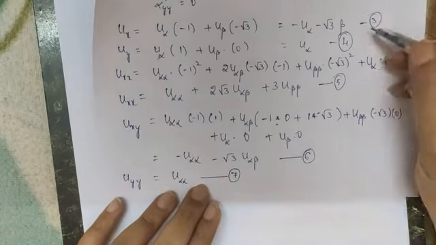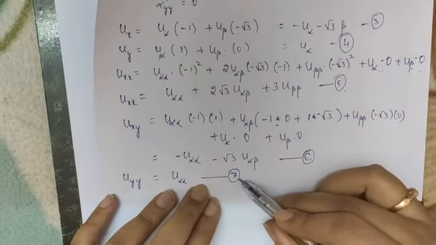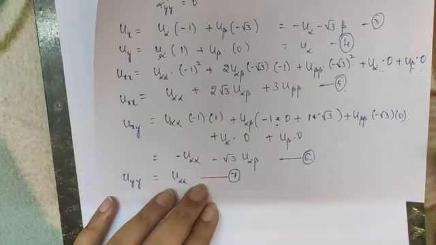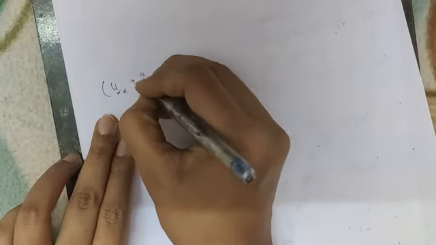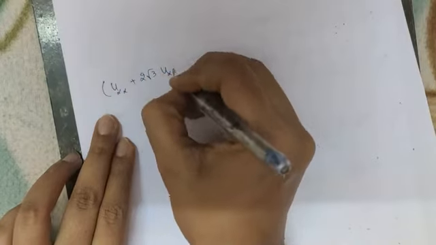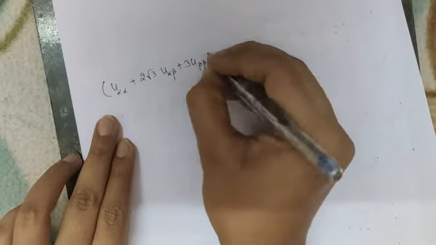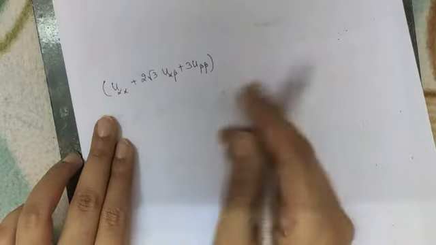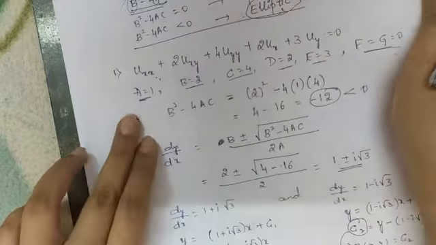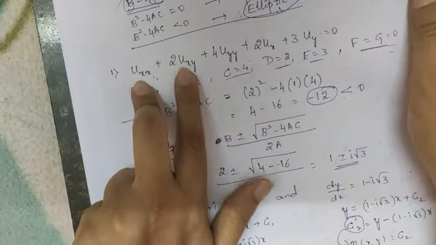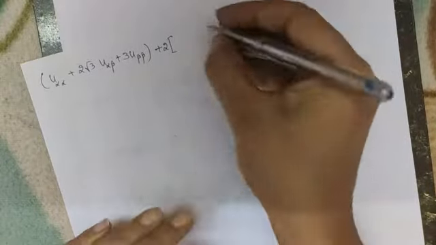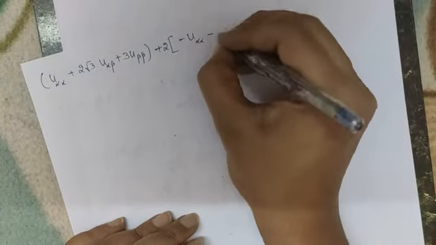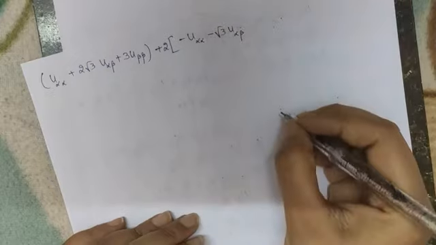Now substitute 3, 4, 5, 6 and 7 in your equation number 1 and you have to simplify that. If you substitute the values, you will get u alpha alpha plus 2 root 3 u alpha beta plus 3 u beta beta, since the value of a is 1. I'm substituting your uxx value plus 2 into uxy, and 2 into uxy is minus u alpha alpha minus root 3 u alpha beta, right?